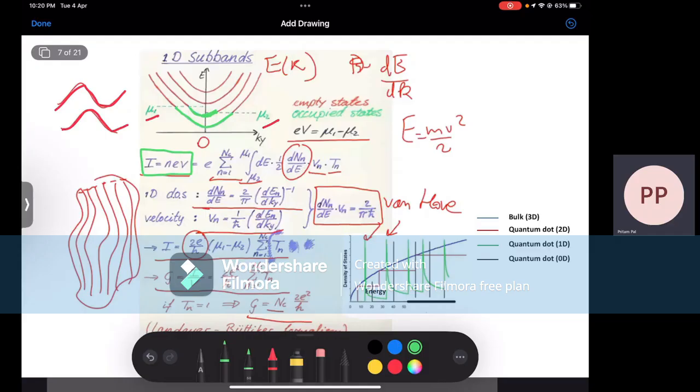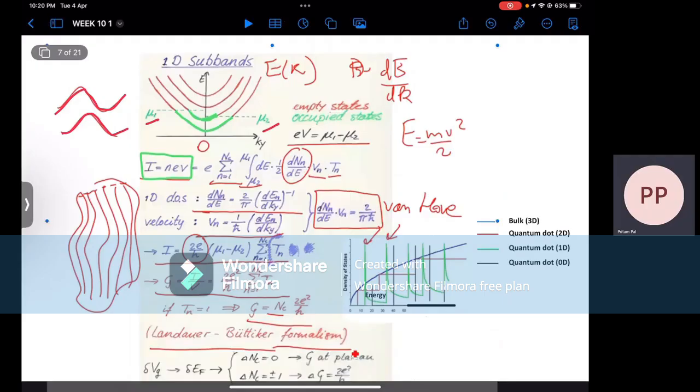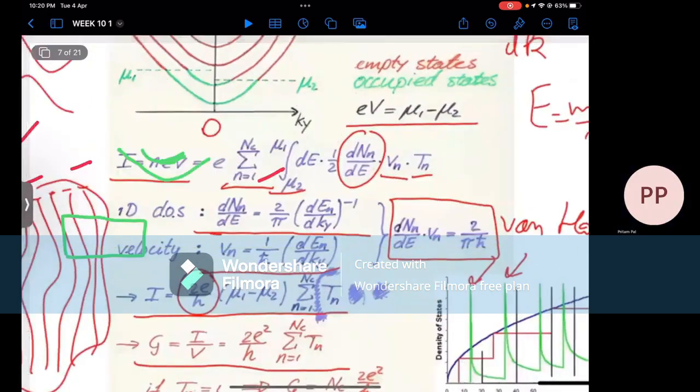For example, from mu1 to mu2, we are doing the integration.